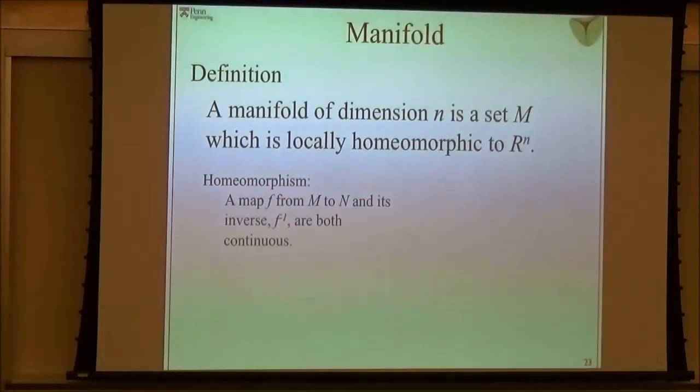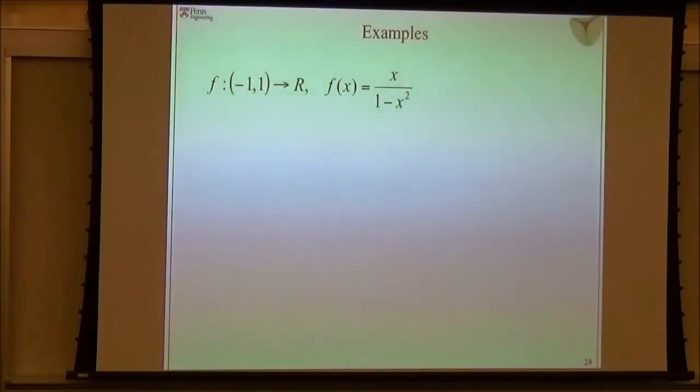Technically, looks locally means homeomorphic. And what does that mean? Well, a homeomorphism is essentially a map such that the map and its inverse are both continuous. Let me take an example to show you. Here I've got a function from (-1, 1) to R. This is a pretty easy function to understand, and you know that something funky goes on at -1 and 1 when the denominator goes to 0.